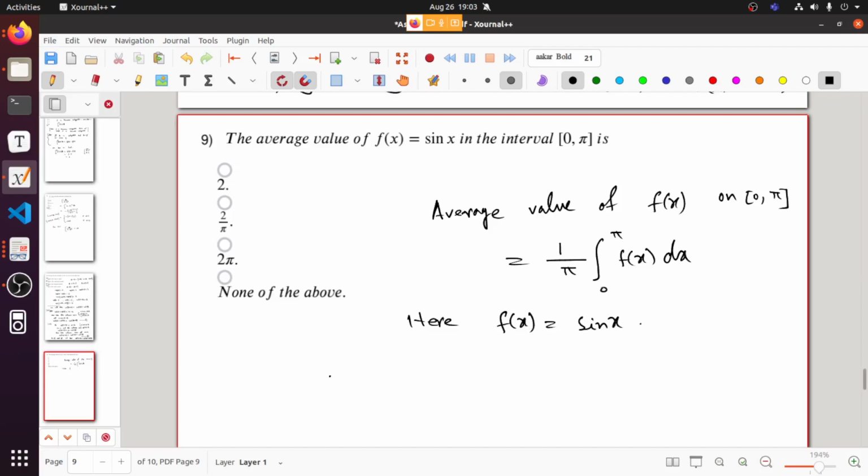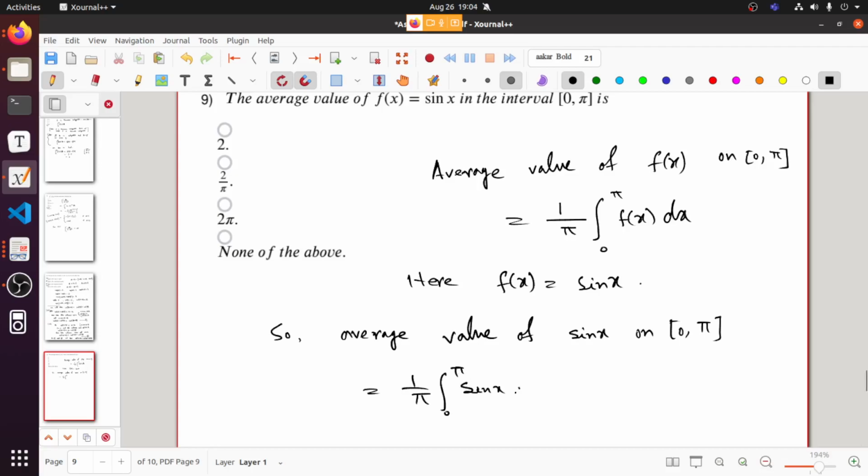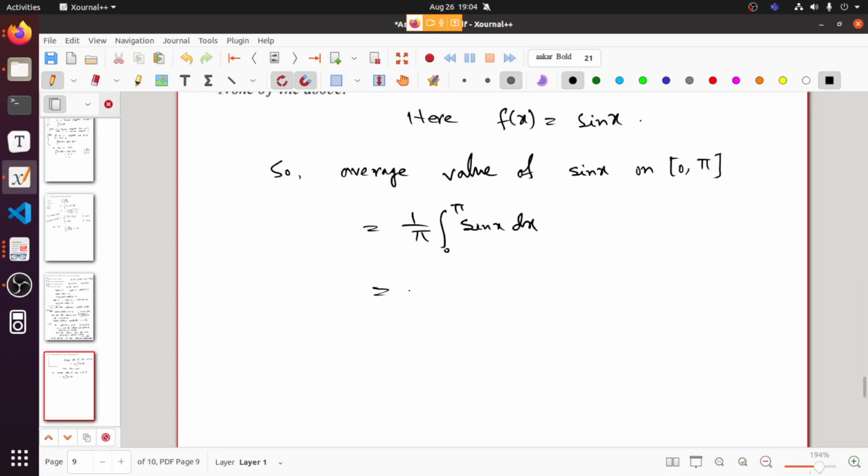So the average value of sin x on 0 to pi will be 1 by pi integration 0 to pi sin x dx, right? Now do this integral. What is the integration of sin x? It is minus cos x from 0 to pi.